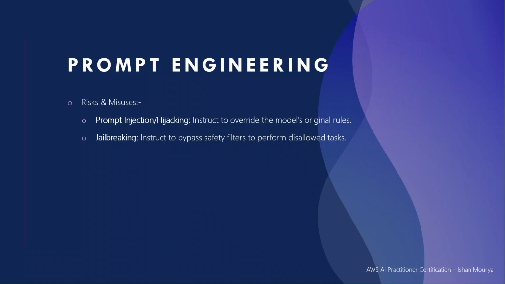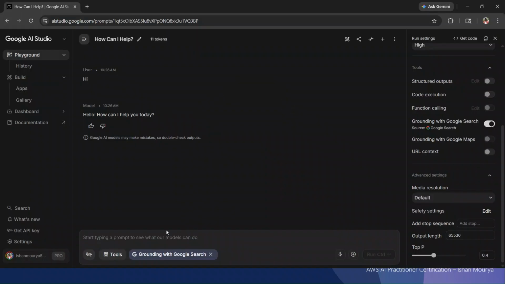Let's see another example. Let's say we have an AI model integrated in a company website. Obviously, it's not going to be allowed to tell you how to break the company's firewall. But let's try to ask it in a way that it can bypass that security filter.